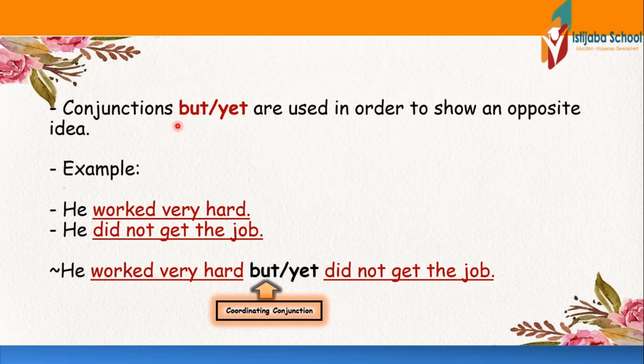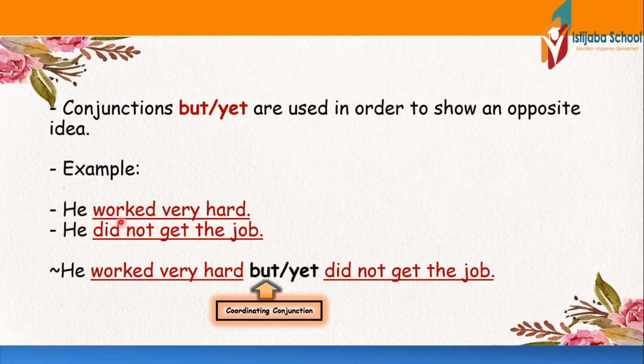With the conjunction but and yet serve the same purpose. So they mean the same. So these conjunctions, I use them in order to show an opposite idea, something that is contradictory to the first one. Let's check the examples. He worked very hard. He did not get the job.